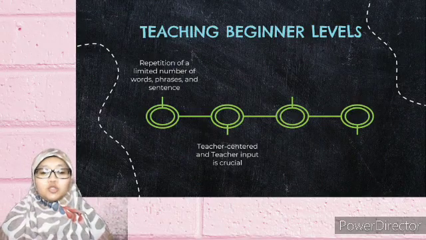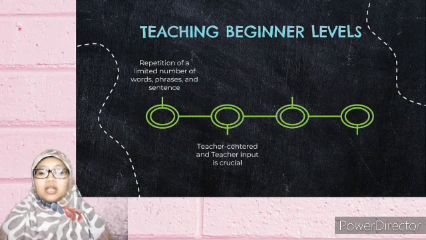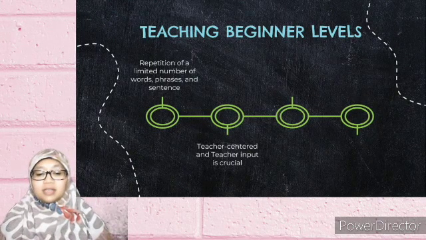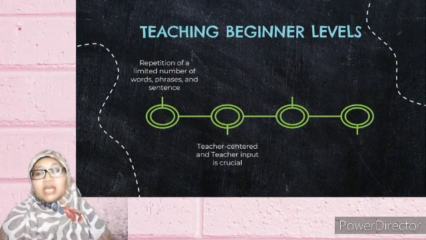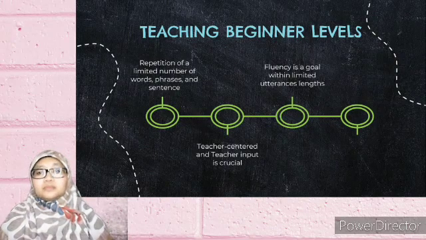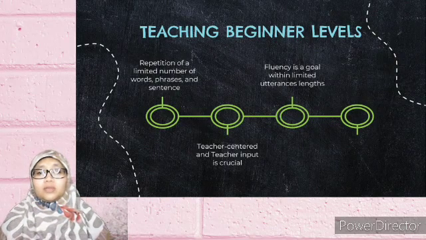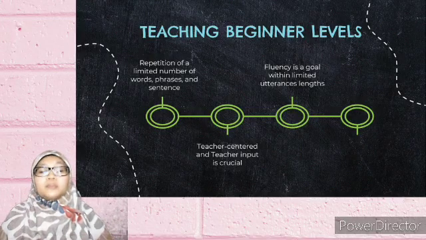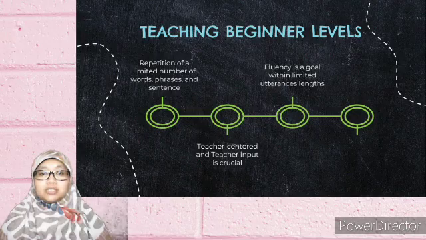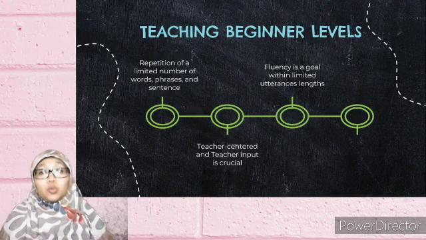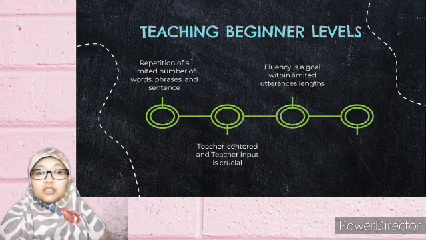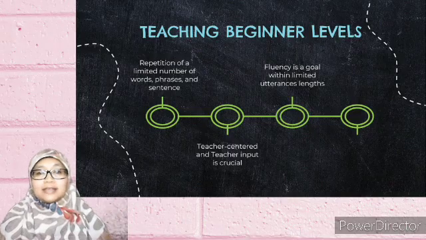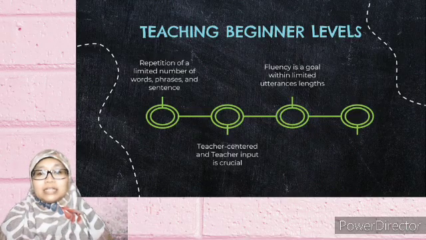So it is necessary to pay attention to our own English language fluency and make sure that our students understand the materials that we teach on the day. So fluency is the goal within limited utterance length. We need to make sure that our students can pronounce the words correctly because the target is fluency, but still in a limited utterance length.